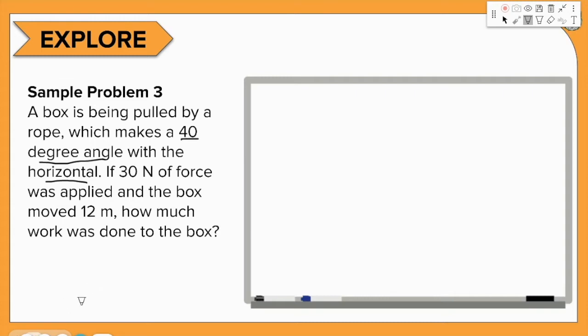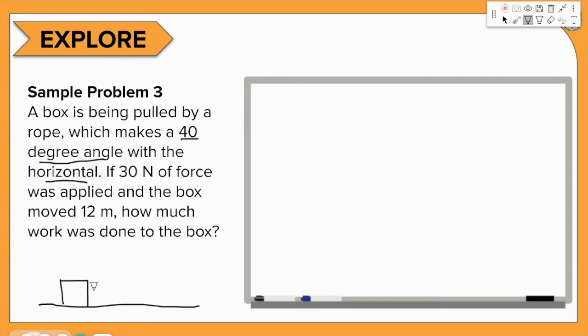To solve this, it's better if we illustrate or draw the problem just so we can imagine what's actually happening. Let me first draw the floor, and then we have the box right there. It says it's being pulled by a rope.